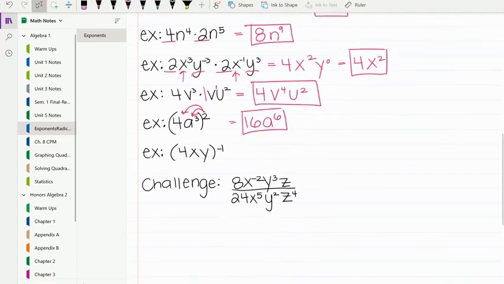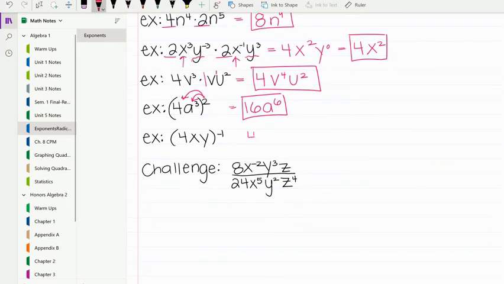All right, the next one. So this one is a little bit tricky because you can kind of do it in multiple ways. I'm going to just go ahead and distribute that exponent to each part. So I'd have 4 to the negative 1, x to the negative 1, y to the negative 1. Now, there's a major problem here because we can't have negative exponents, right?